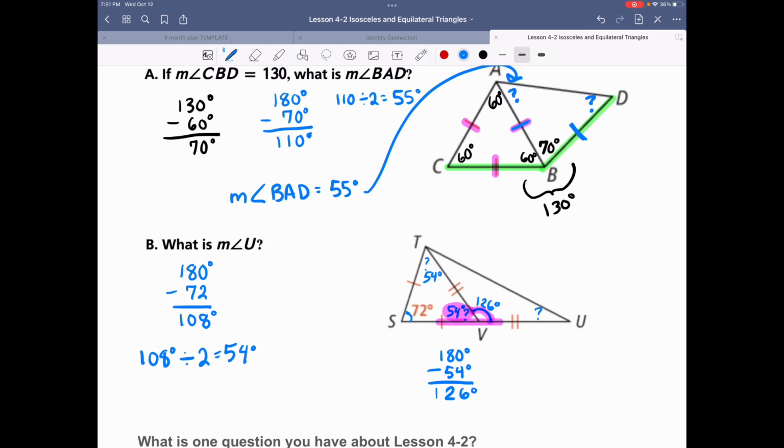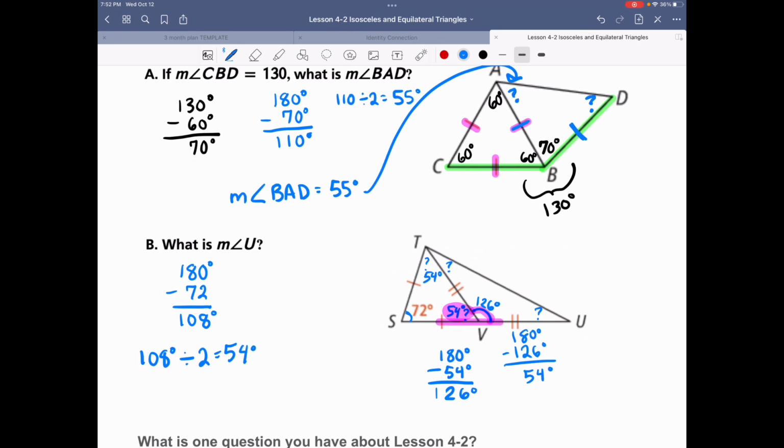And now we just need to do the isosceles part, right? Because this angle over there and the angle that's with the T and the angle that's with the U, those are going to be equal. So I'm going to do 126 degrees subtracted from 180 degrees is 54 degrees.